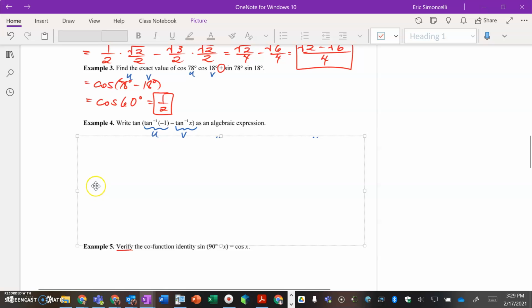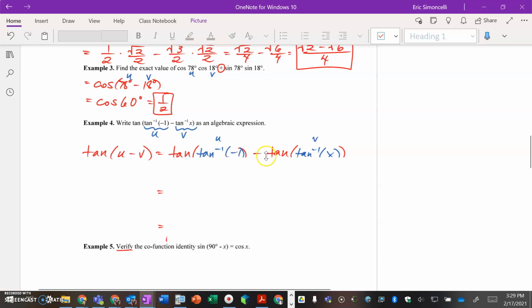And thinking about what we did at the very beginning of the notes, the tangent of u minus v, which you don't have to have memorized, ends up quite nicely as such. When you do tangent of u minus v, you'll have tangent of u, this whole quantity, minus tangent of v, that whole quantity, all over 1 plus tangent of u tangent of v.